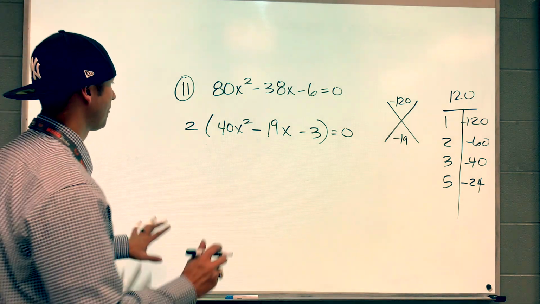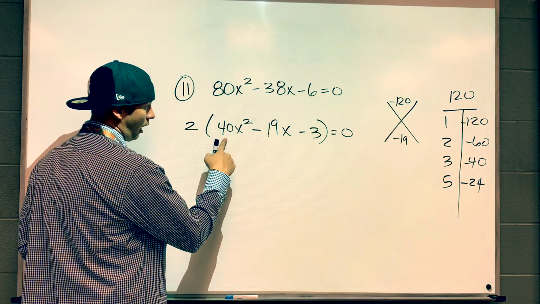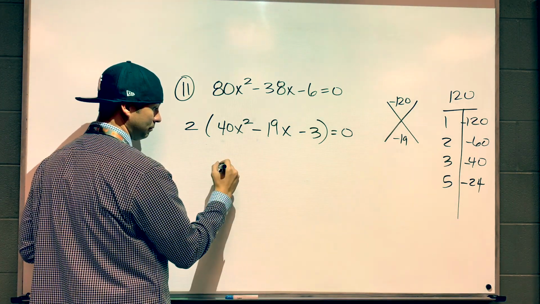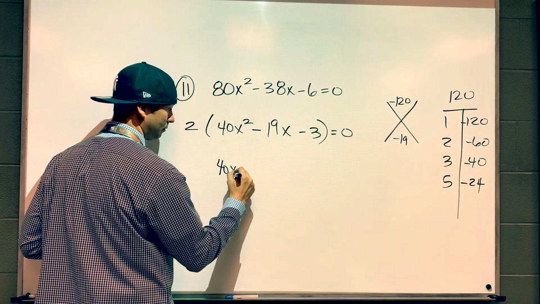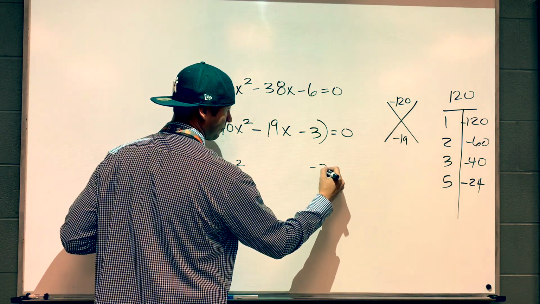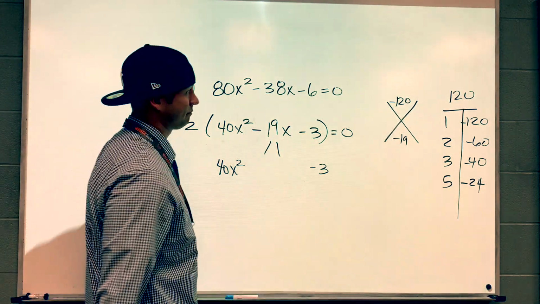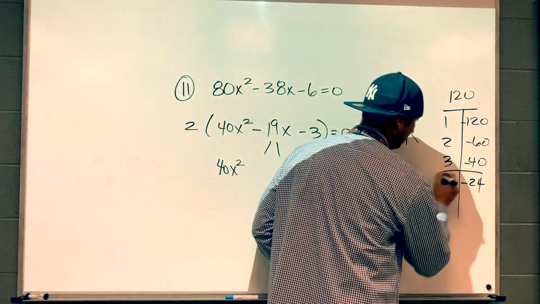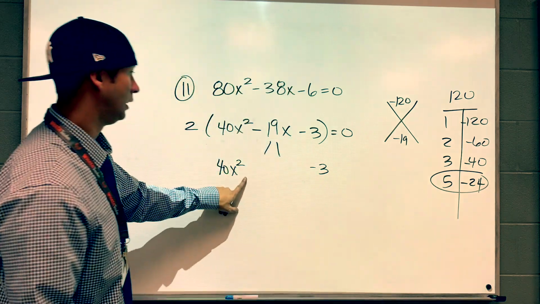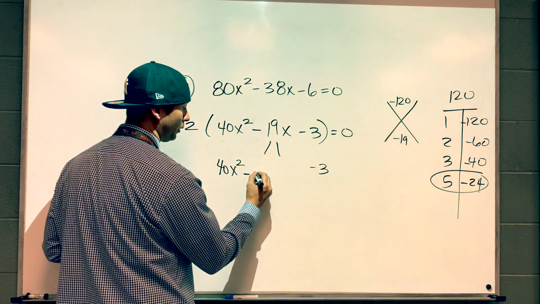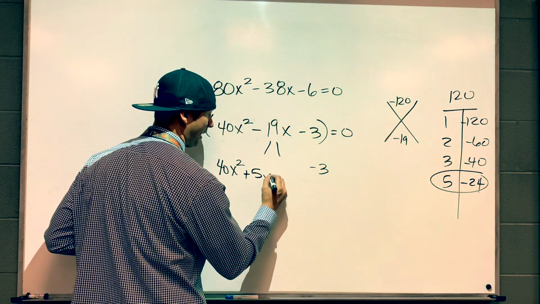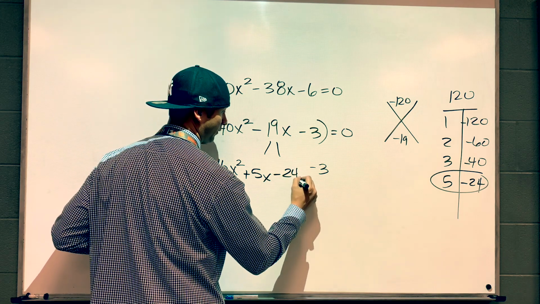Factor by grouping. So I write the first and the last term. Then the middle term is gonna split into those 2. Doesn't matter what order you put it in. 5x minus 24x.